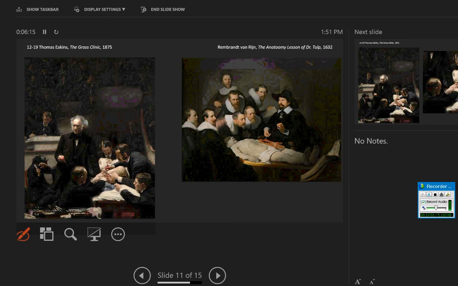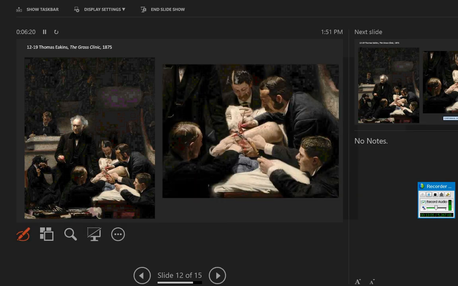Now, as I mentioned, this is not an anatomy lesson, but Samuel Gross is operating on a live patient. So we have an anesthesiologist covering the face with anesthetic. We have assistants spreading open the incision as Gross takes a second to explain what he's doing to the assembled group.